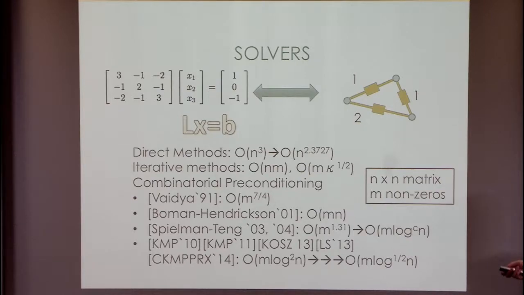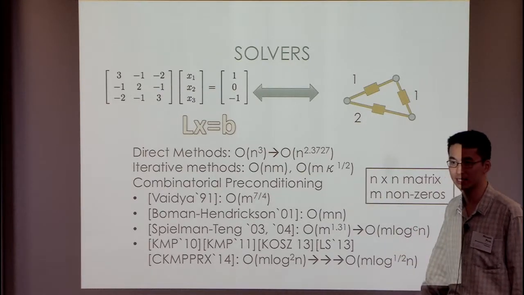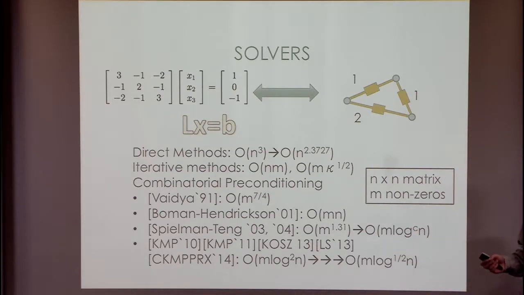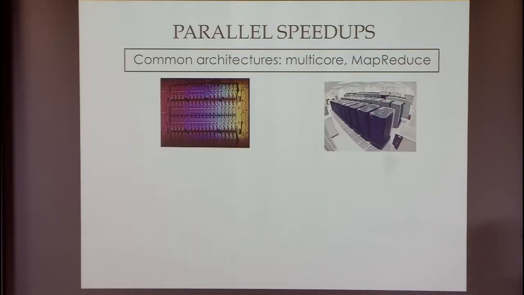And they got running times of the form m log squared n, m log n, m log to the 1.5 n using a different method, and then eventually m square root log n with a few log factors in there. So it's fair to say that in the sequential setting, we have a fairly good idea how to solve these linear systems. But then there's the question of how do we start implementing some of these?